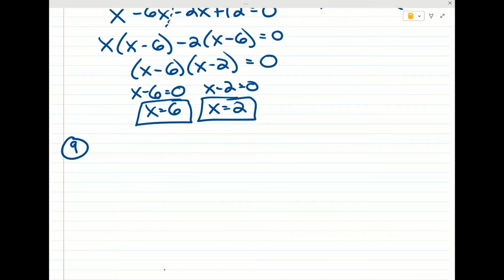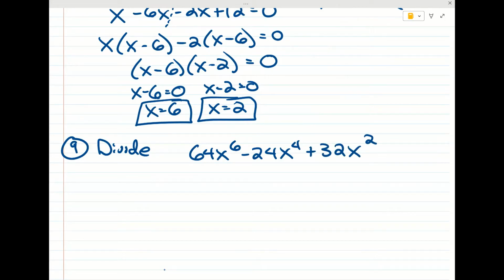Number 9, it asks us to divide. Let's say we had a problem where it's 64x to the 6th minus 24x to the 4th plus 32x squared, all divided by 8x.